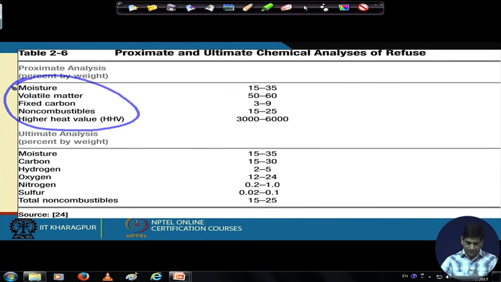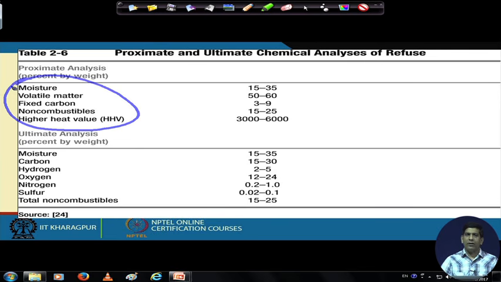These are percent by weight, or usually the heat value will be in kilocalories per kg. Typical moisture is 15 to 35%, and volatile matter is 50 to 60%.